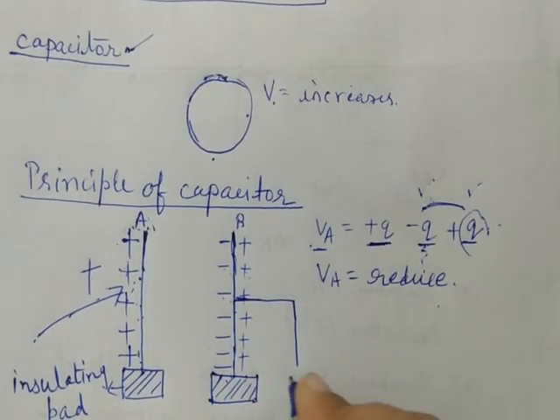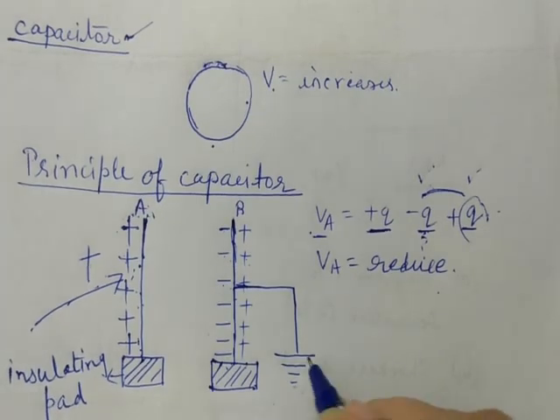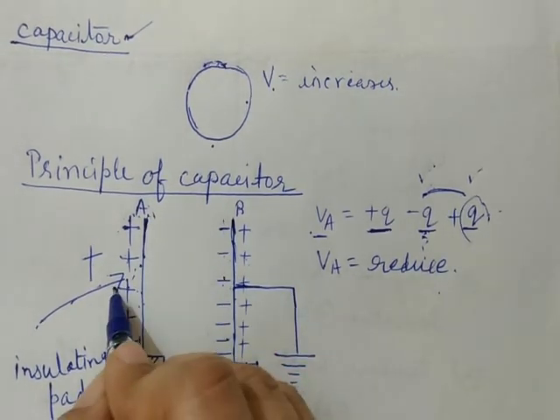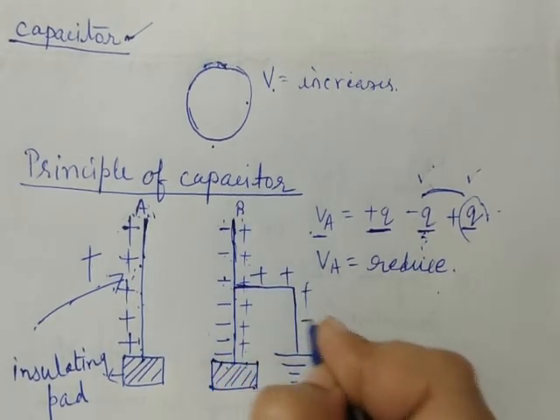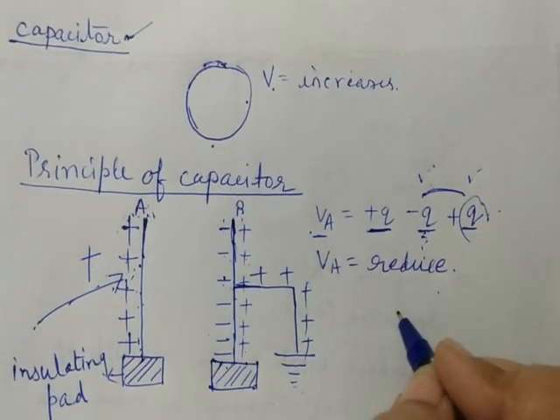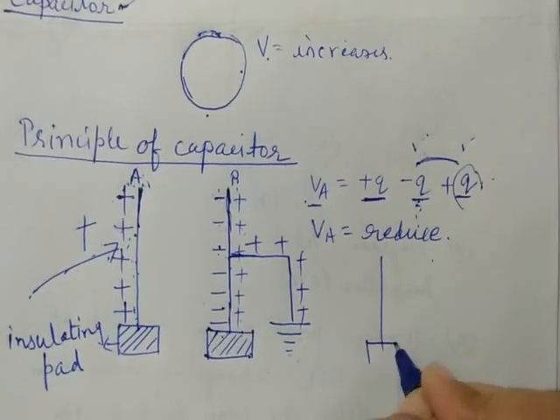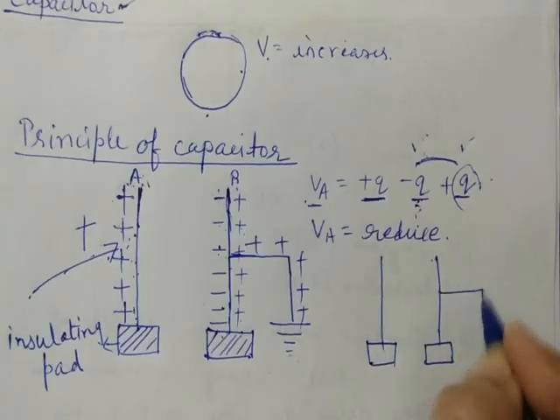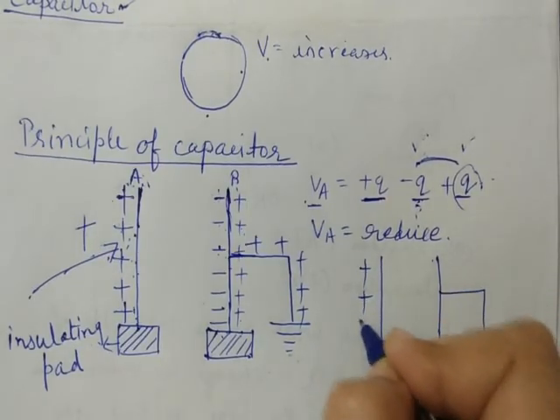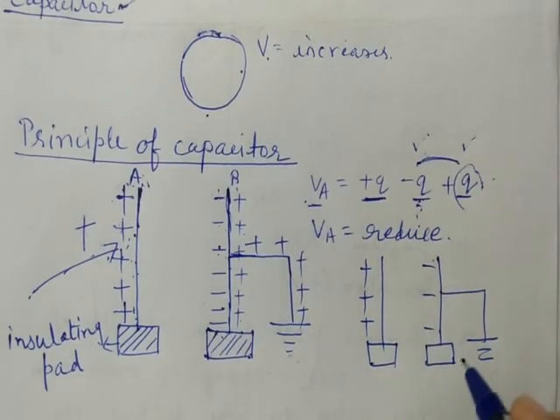We'll connect it to the earth. When we connect it to the earth, the negative charge is bound to this positive charge. It will not move, but all this positive charge will move to the earth. This is connected to earth, so this will have only positive charge, and this will have only negative charge.